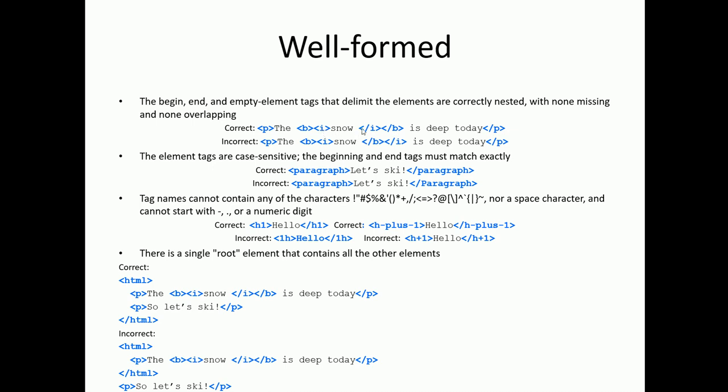It has a bold start tag and end tag, and within the bold tag we have a nested italics open and close tag, and then finally the terminating paragraph end tag. This is correct. It's well formed. The second example is not well formed because we have the start of a B tag and the start of an I tag, but the B tag terminates before the I tag, so the I tag is not properly nested within the B tag. That's malformed.